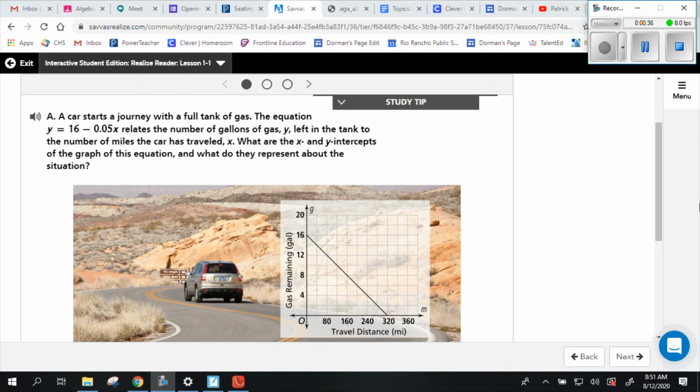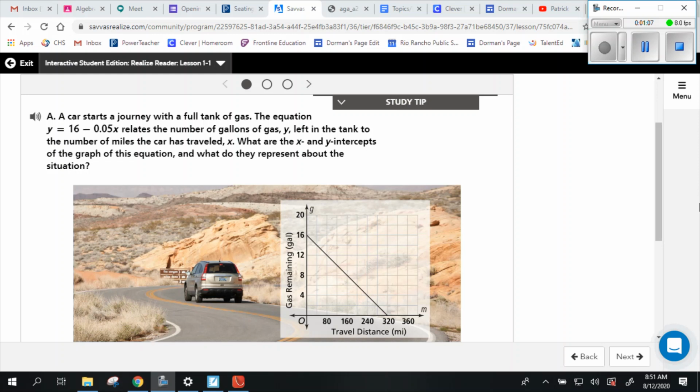So what that equation does, what that y equals 16 minus 0.05x does, is you input some number of miles in for x, right? You substitute that number in for x, work out your arithmetic there, and it outputs the number of gas, or the gallons of gas that should be left for x miles.